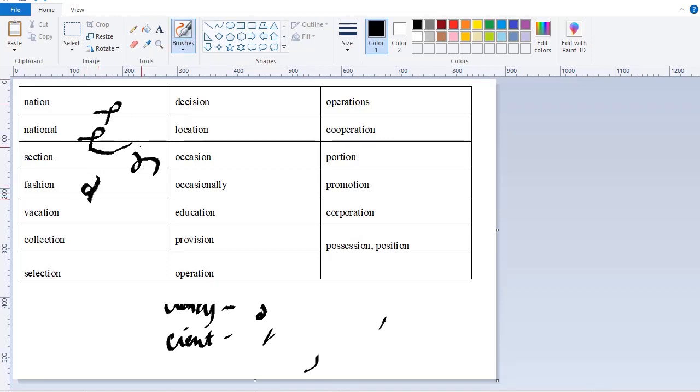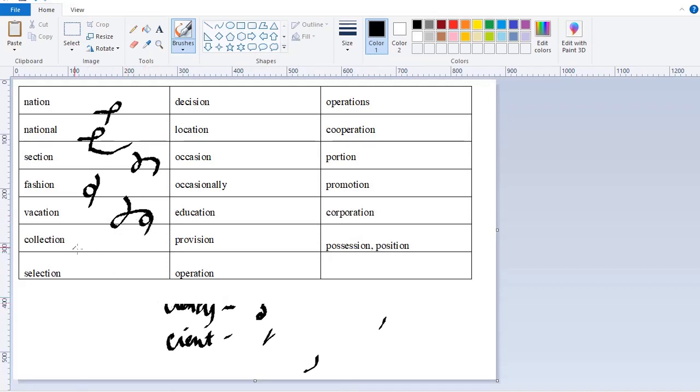It's readable anyway. Let's do it again. Next, vacation. We have V-A, V-A-K-A and then Shon. Vacation.